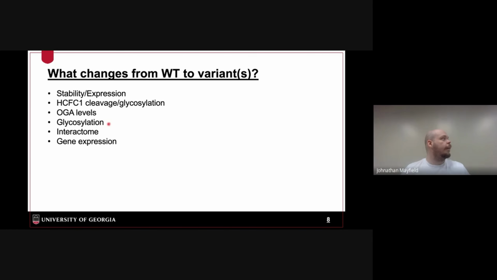Whereas this glycosylation issue typically is going to be in your catalytic domains, and you're not really going to see that issue, especially globally, for TPR domain variants. Outside of glycosylation, the other area that seems to point to a common difference is gene expression, right?